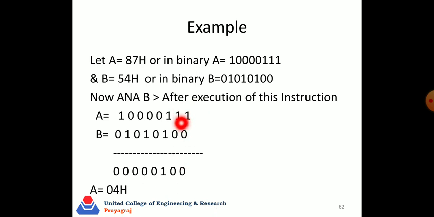In the second, 1 and 0 is 0, and 1 and 1 is 1. As we already told you, if both the inputs are high, then the output will be high. The result is 0000 0100, so the result will be 04H. So it is an example: if we use the logical AND for this instruction, the output will be 04H.